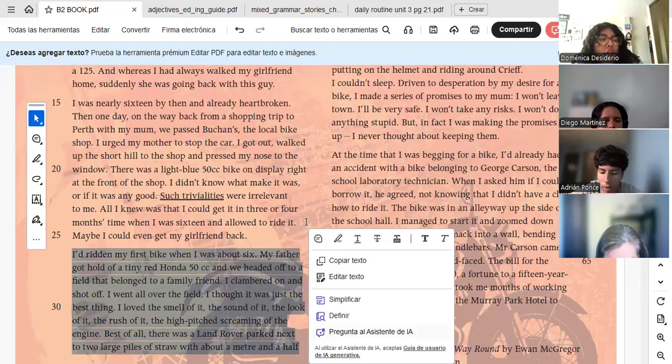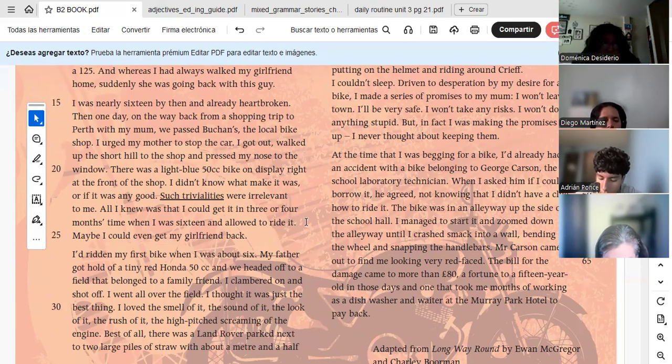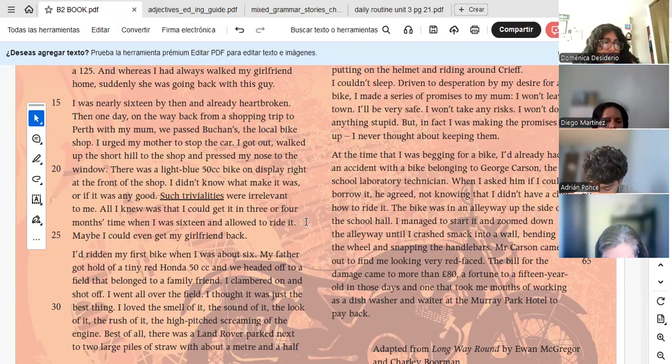I had ridden my first bike when I was about 6. My father got hold of a tiny red Honda 50cc, and we headed off to a field that belonged to a family friend. I climbed on and showed off. I went all over the field. I thought it was just the best thing.